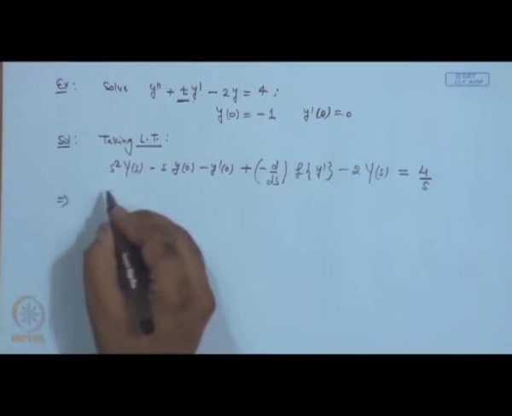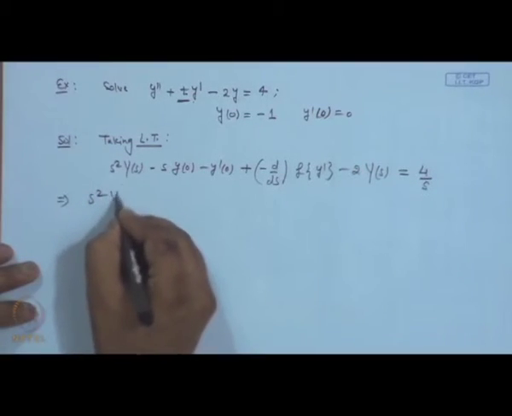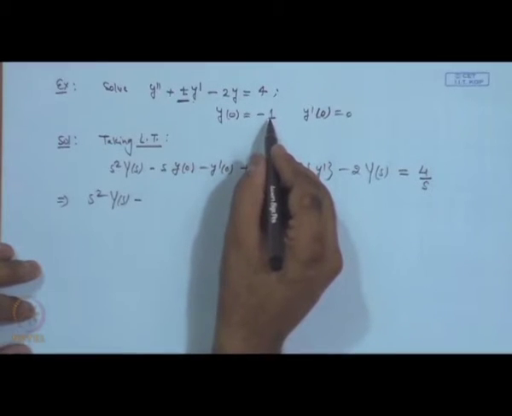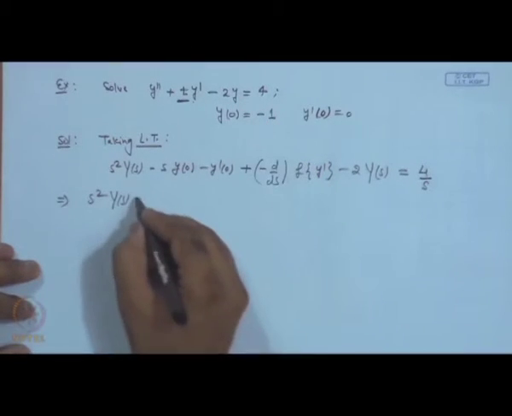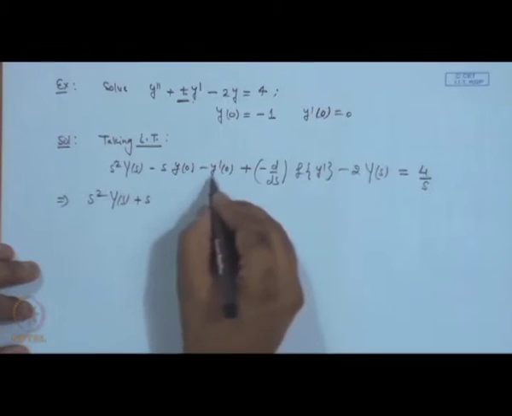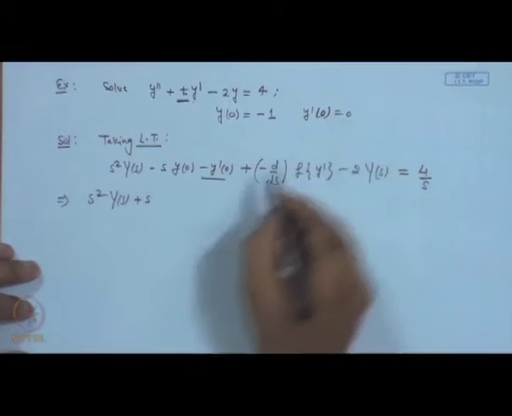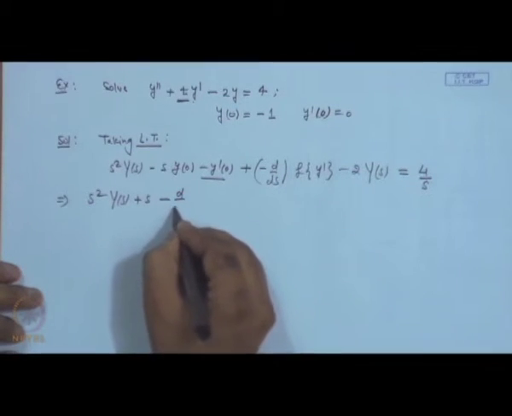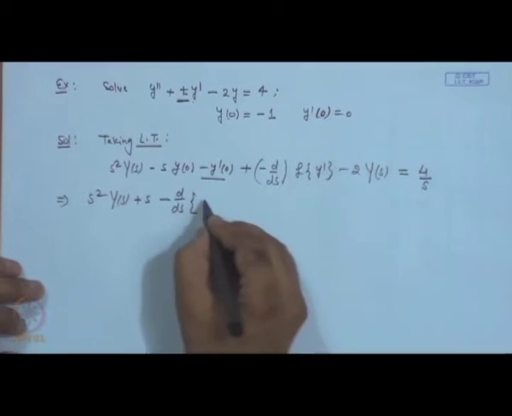What we have now, first let us do this: Y(s) minus s, and y(0) is minus 1, so we will get plus s, this is 0. So, we have minus d over ds of the Laplace transform of y prime.